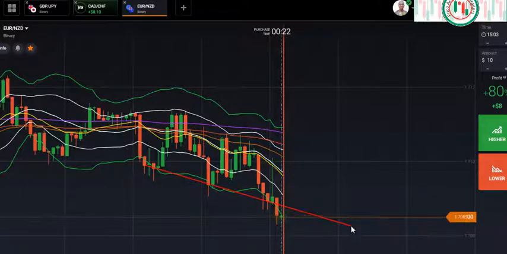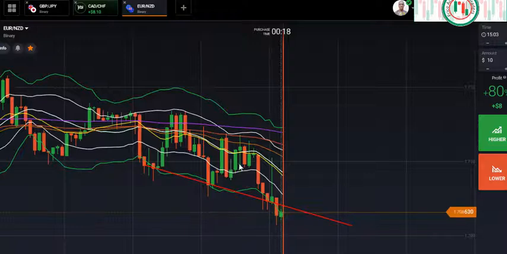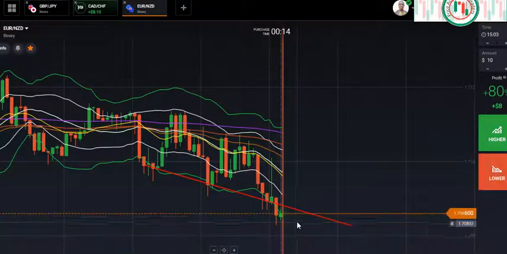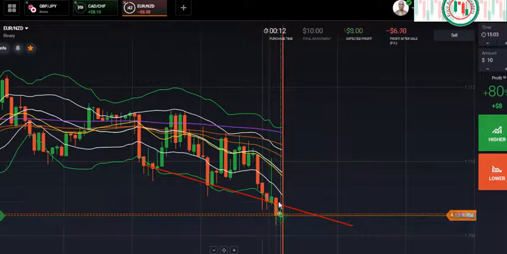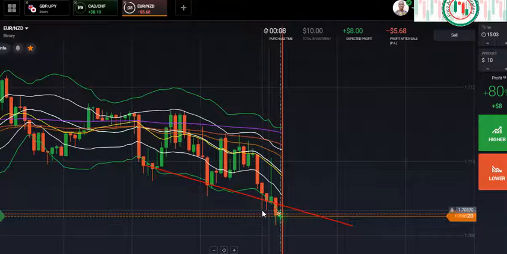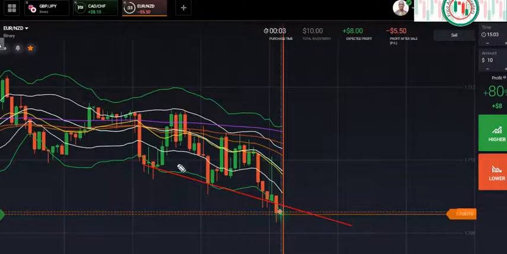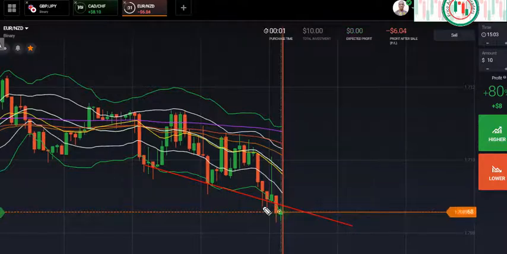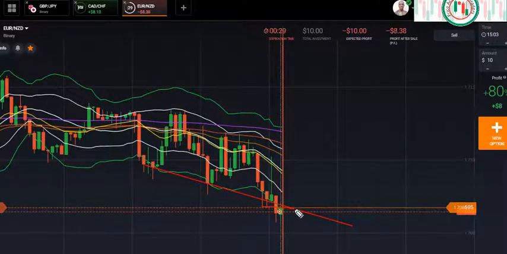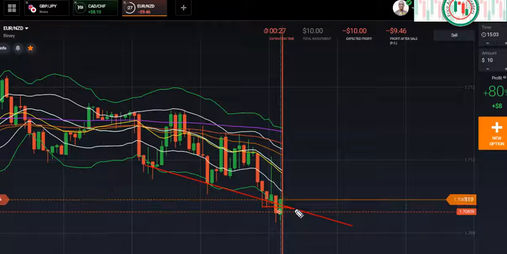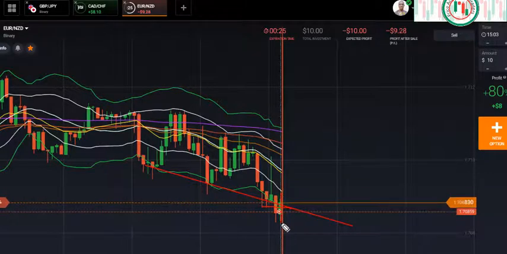See the channel here, but no bias here. So that means we go more down. Yes, we go more down because of the breakout and the candle rejected from this level, which showed that the market will go more down.